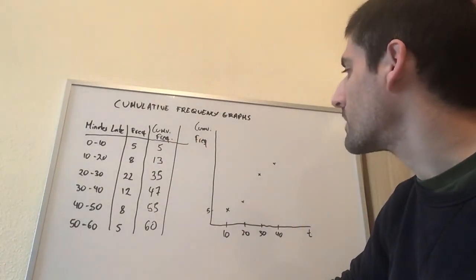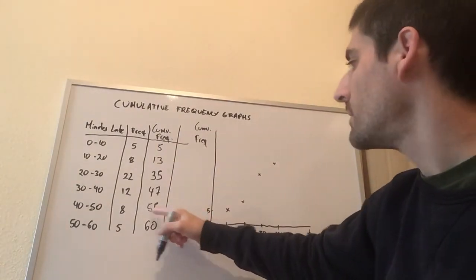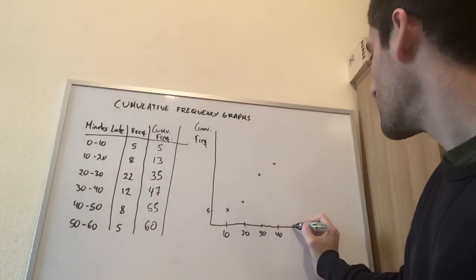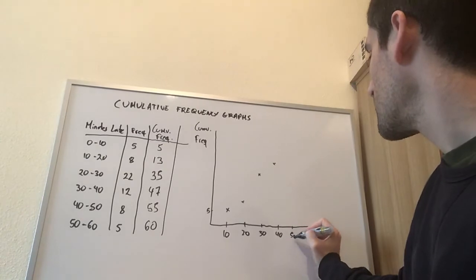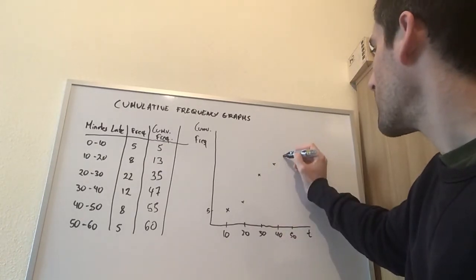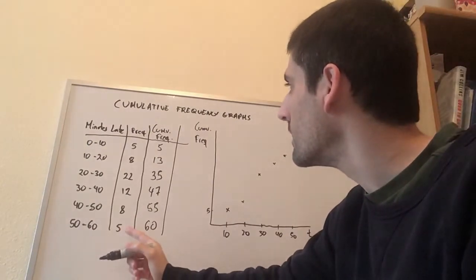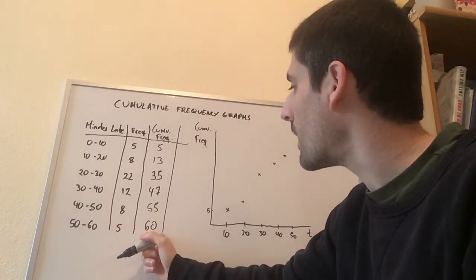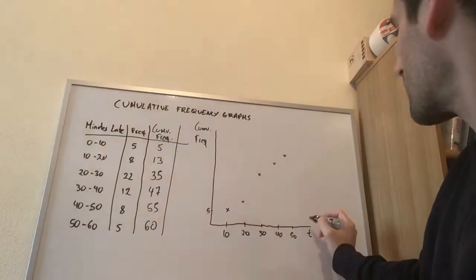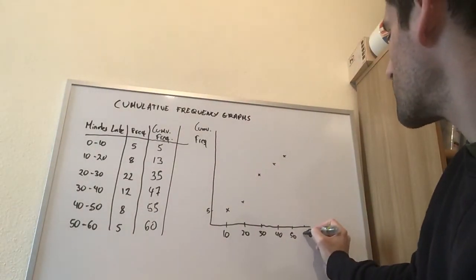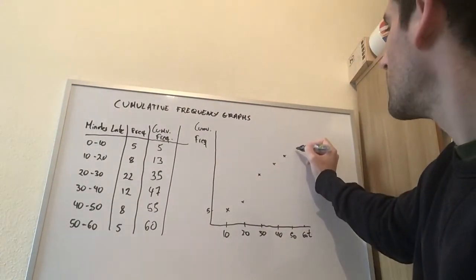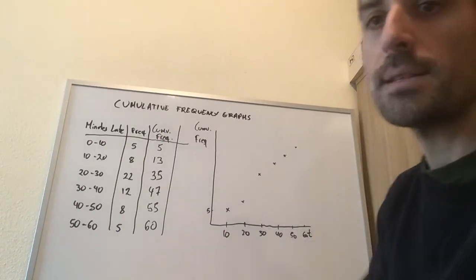Then I've got 55 up, 50 across, so that's 50 across, that's going to be 55 up, and the last point is 60 up, 60 across. So if that's 60, that'll be 60 somewhere there.